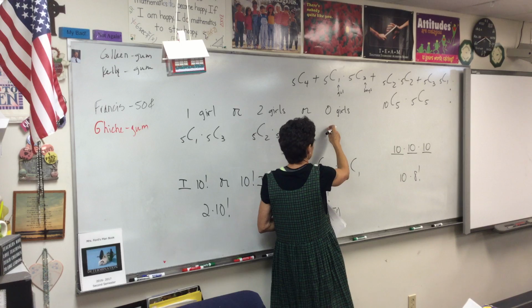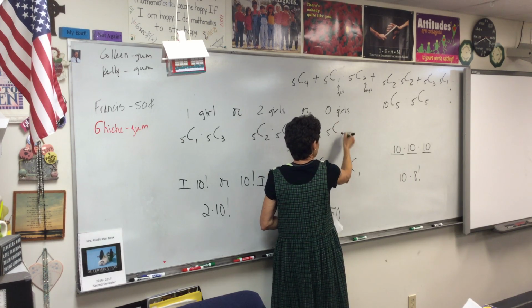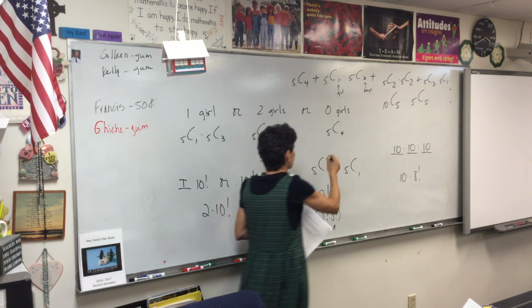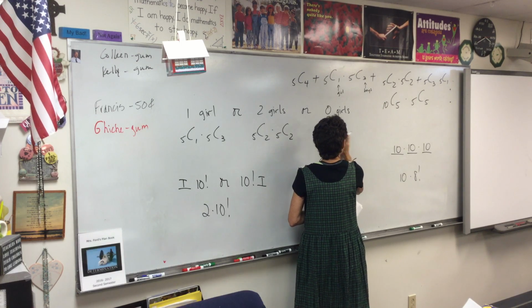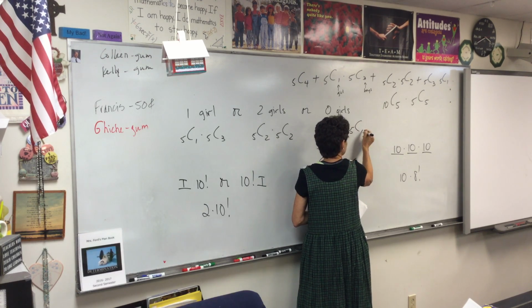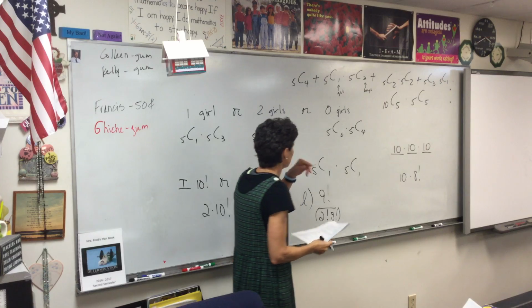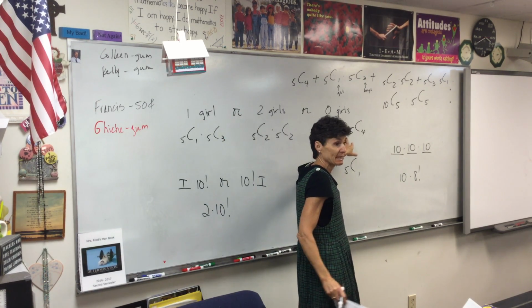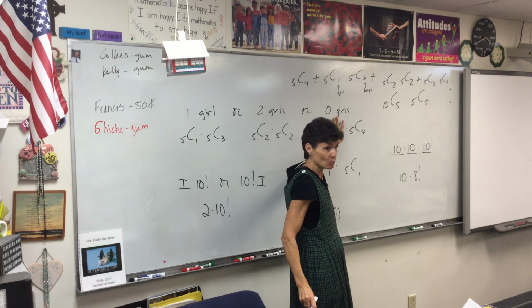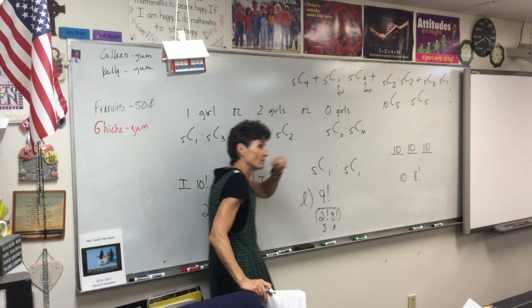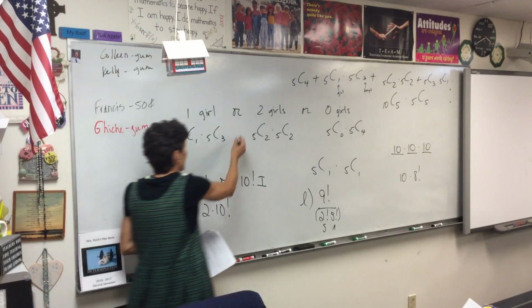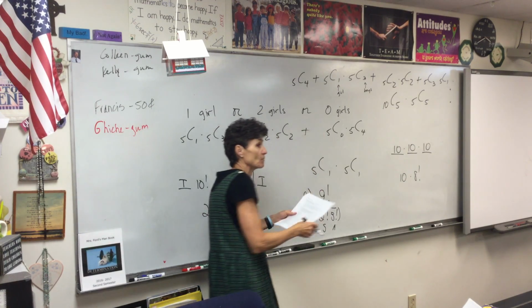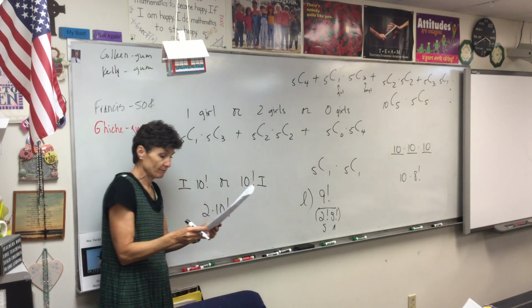What would no girls look like? 5C4. Well, yes, you could do 5C0 and 5C4. You don't need the 5C0. If you're not picking any, you don't need to include that, but you can. It won't change anything. It's 1. And then you're going to add those up, right? Because those are the different scenarios you could have.